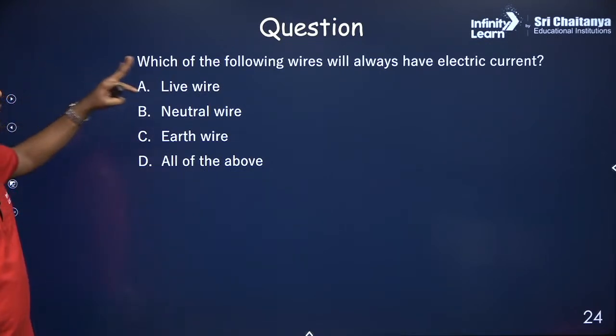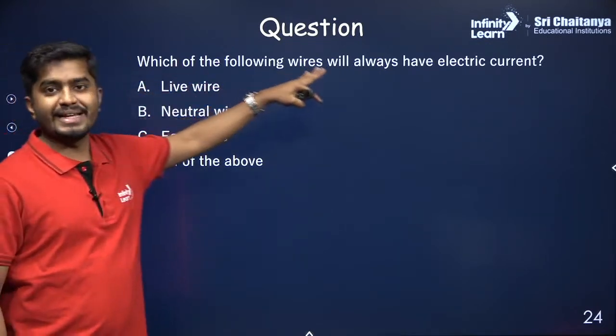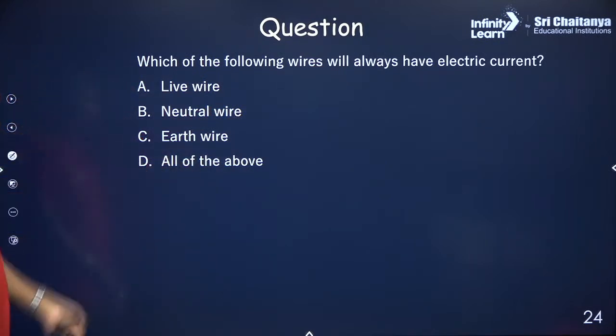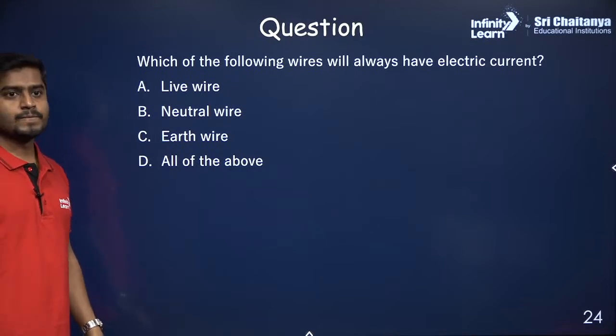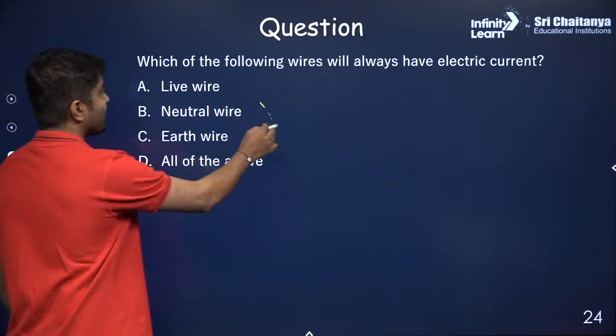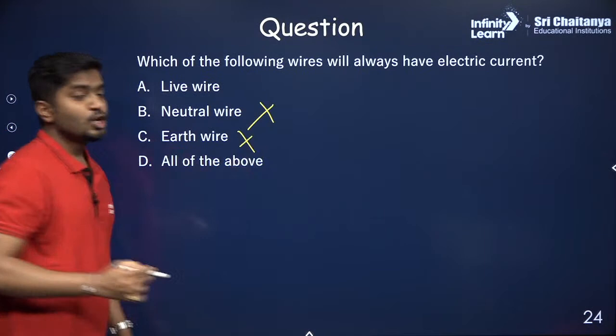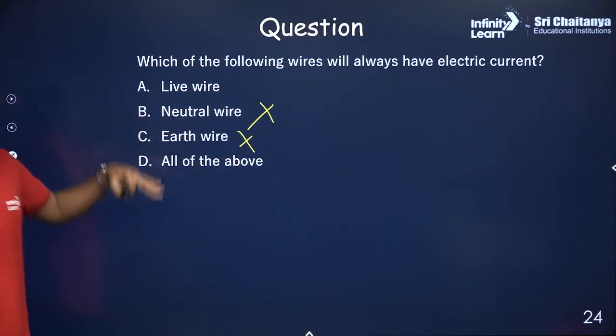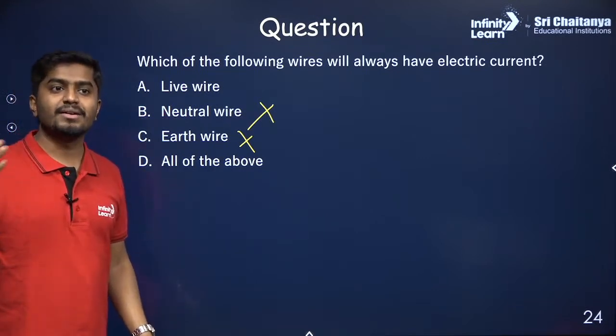So which of the following wires will always have electric current? Is it the live wire, neutral wire, earth wire, or all of the above? The neutral wire and earth wire do not always have current. They will have current only when they are connected to a certain device.